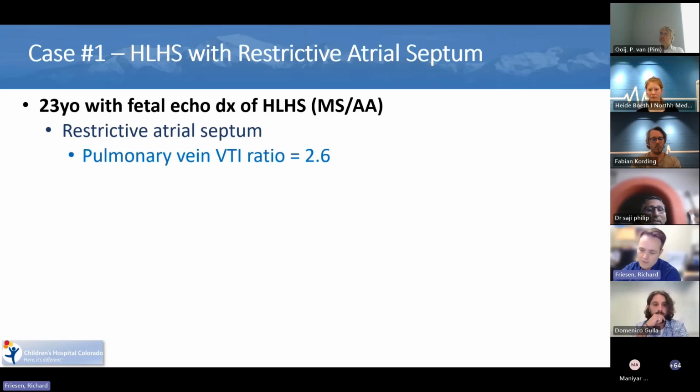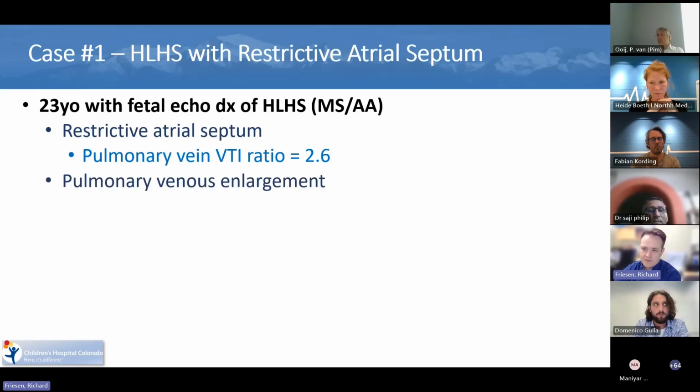So one of the concerns on the fetal echocardiogram was a pulmonary vein velocity time integral ratio of 2.6. And for those of you who are less inclined in the fetal echo world, I'll go into this a little bit more. But essentially, a ratio less than 5 of forward to reverse flow is concerning for a restrictive atrial septum.